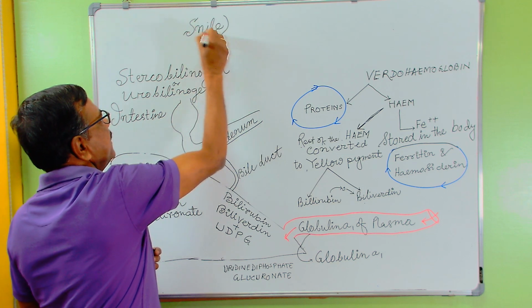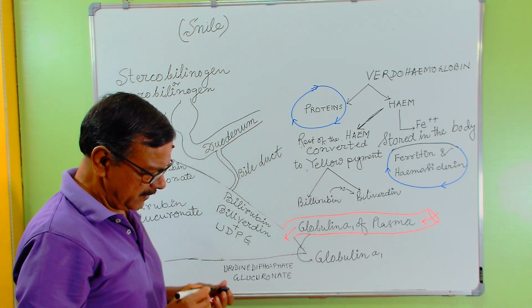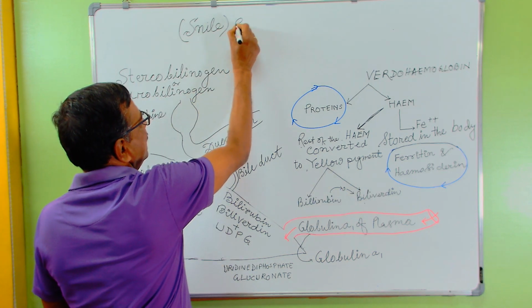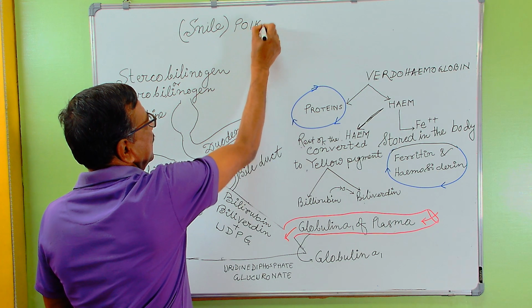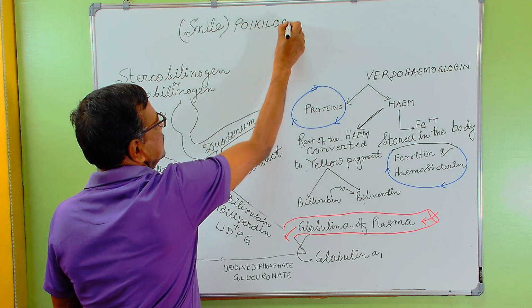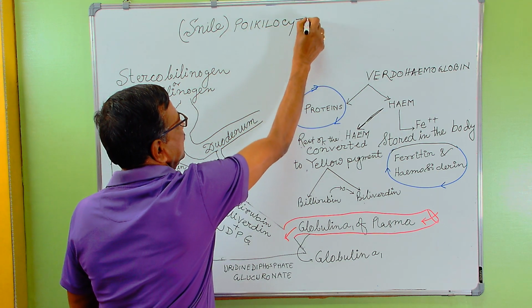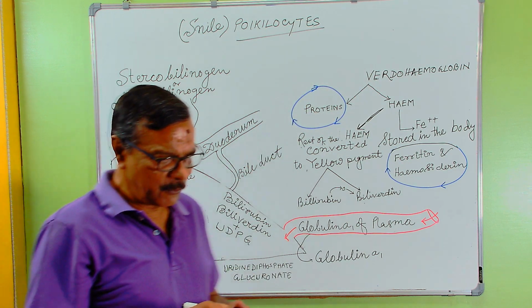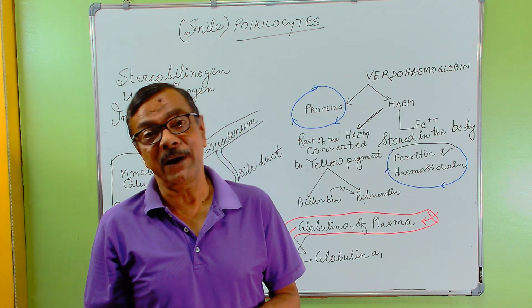That is, it is brittle or old. These RBC are called poikilocytes, P-O-I-K-I-L-O-C-Y-T-E-S. So, these old and worn out RBCs are called poikilocytes.